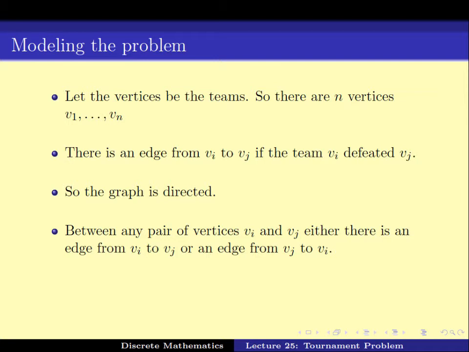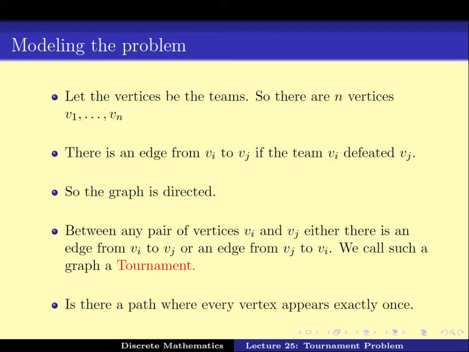In other words, I want a path from one vertex to some other vertex where the path is directed and every vertex appears exactly once. So the question is, is there a path where every vertex appears exactly once?